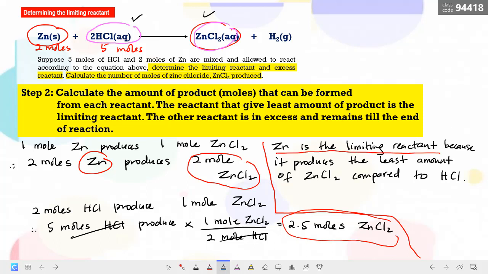So now we have to mention the excess reactant. Okay, HCl is the limiting reactant because it produces more product.